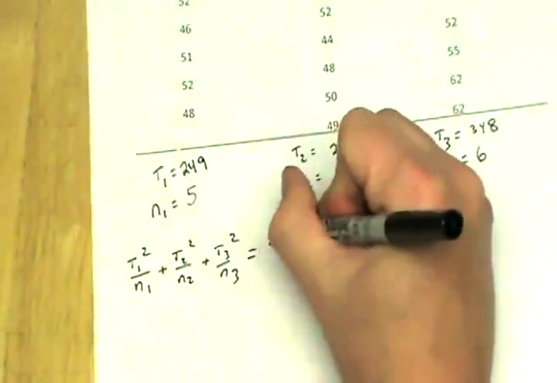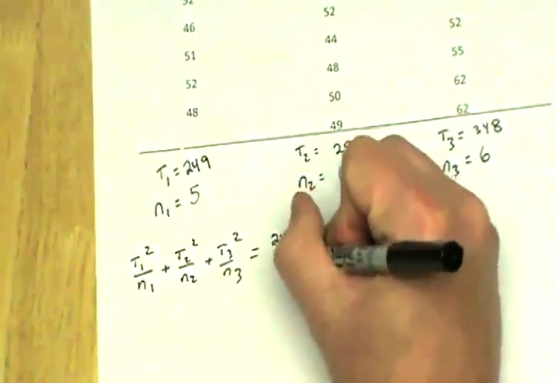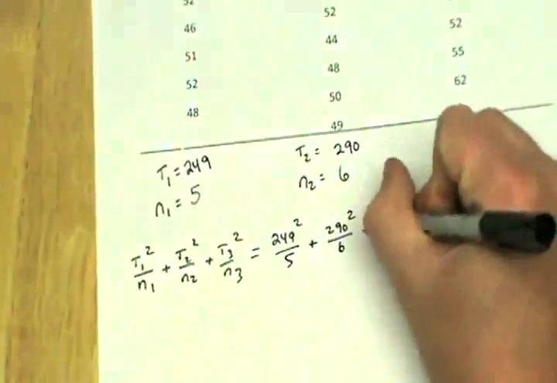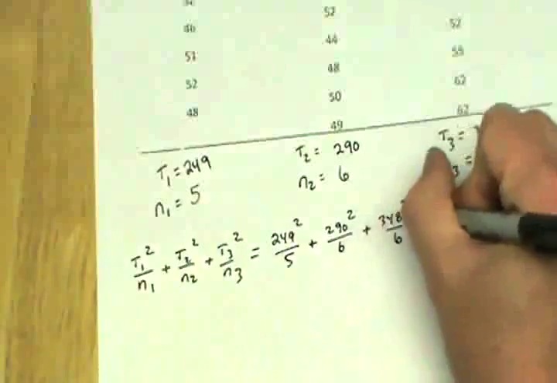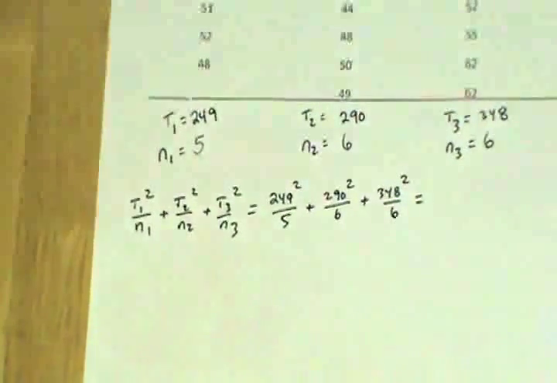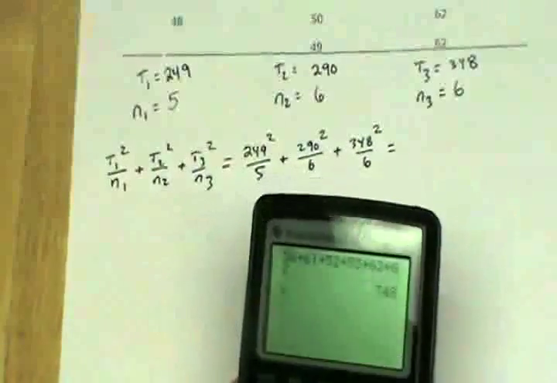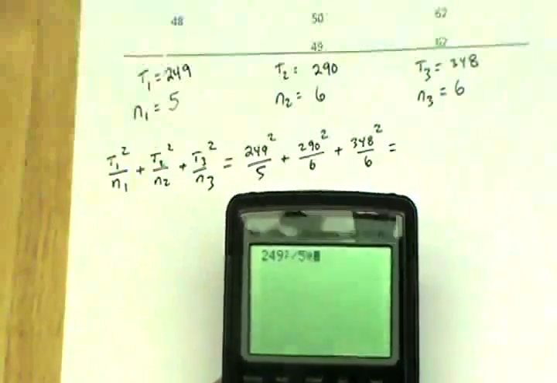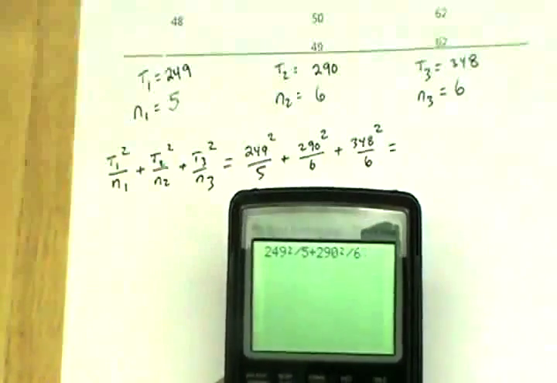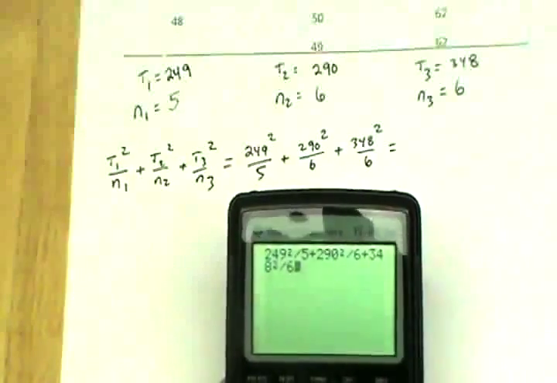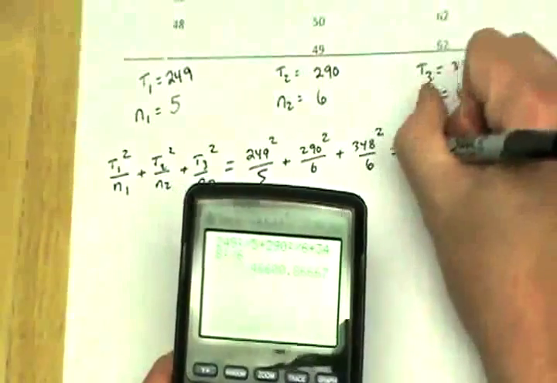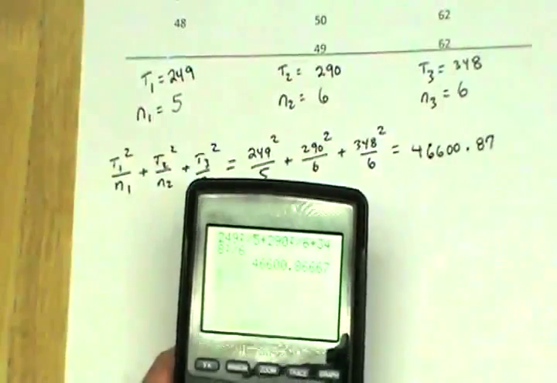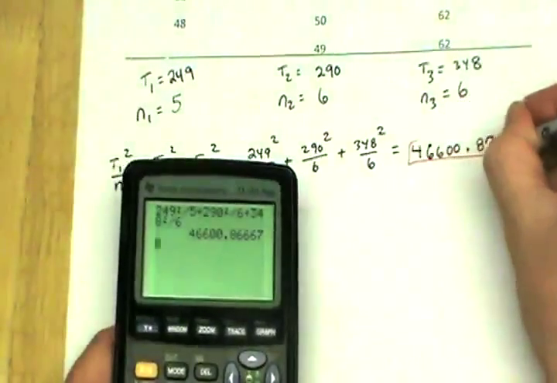So 249 squared over 5 plus 290 squared over 6 plus 348 squared over 6. 249 squared divided by 5 plus 290 squared divided by 6 plus 348 squared divided by 6. Okay. 46600.87. Okay, that's going to be an important number, so I'm going to put a red box around it. We're going to use that for a minute.